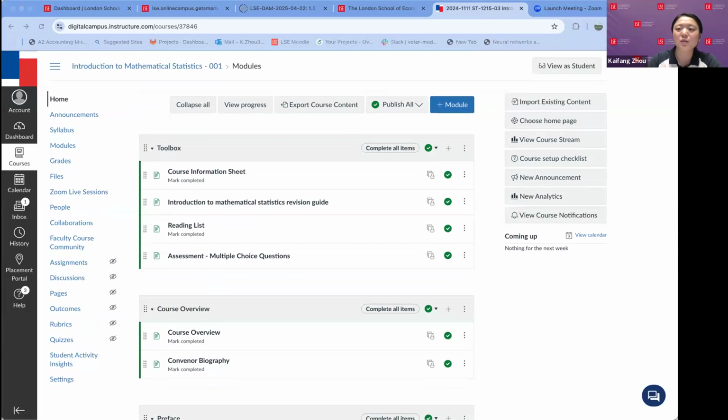In your case, the interface probably looks a bit different from mine, because I'm using the digital campus and some of you might use Moodle, but the contents I'm showing you should be exactly the same.